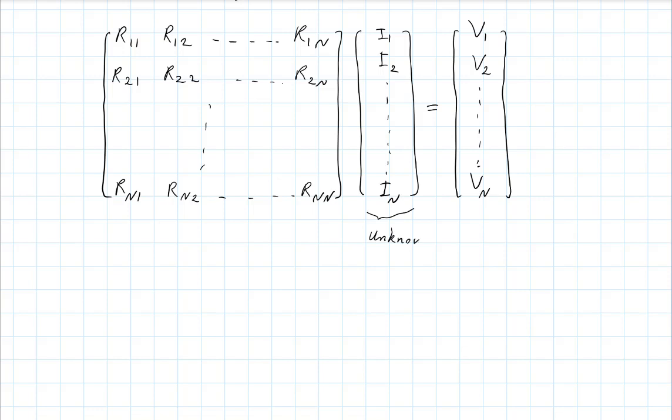These are the unknown mesh currents. So if you have n meshes in the circuit, you have n of these, and this is the vector due to voltage sources.